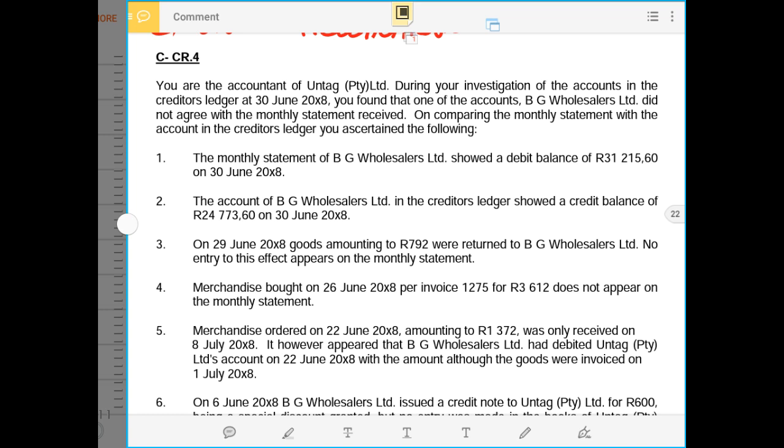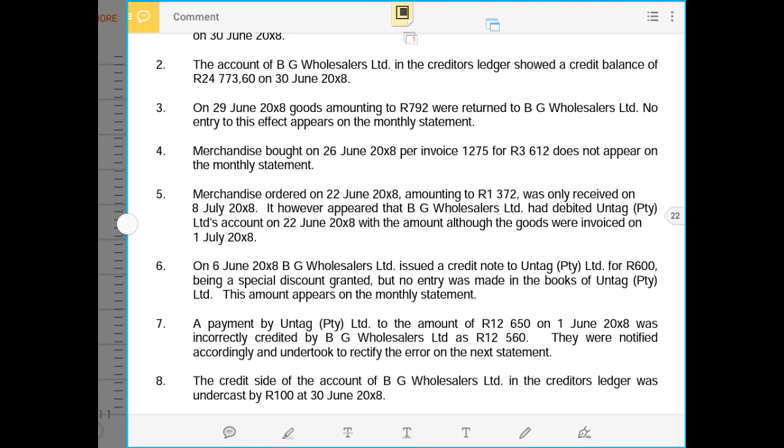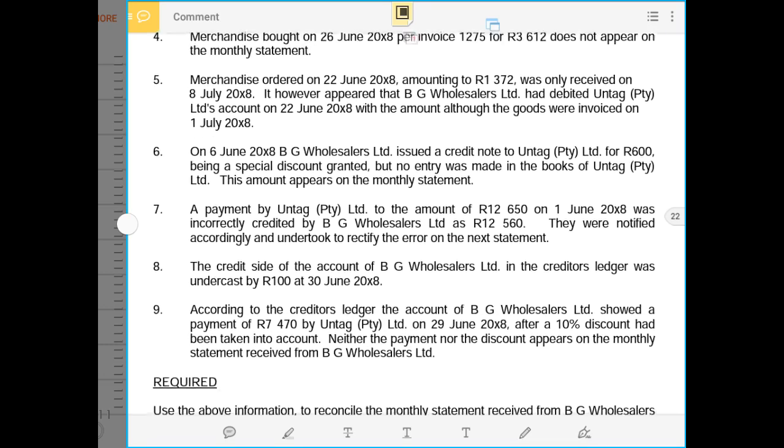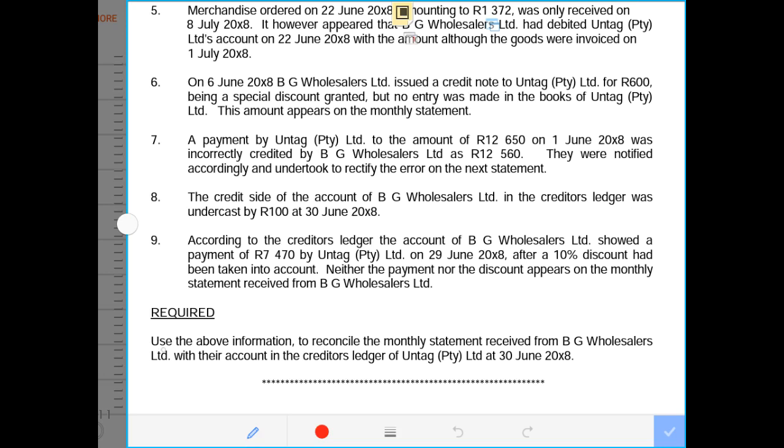If we look at this creditors reconciliation, we are mostly given theory throughout. We are not given the ledger account and we are not given the statement, but we are now required to use the above information to reconcile the monthly statement received from BG Wholesaler. So now it means BG Wholesaler is our creditor.